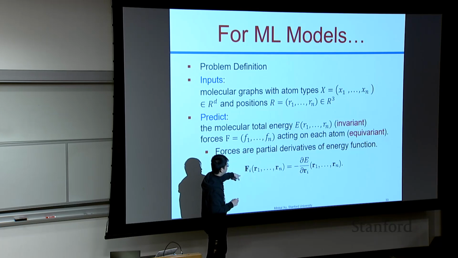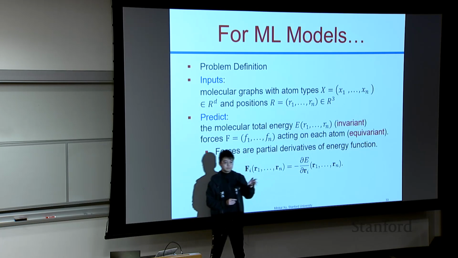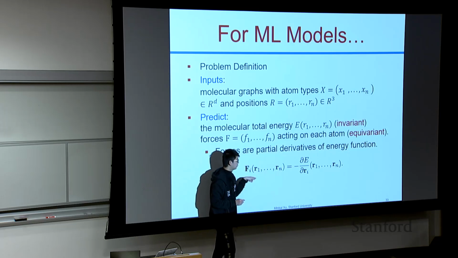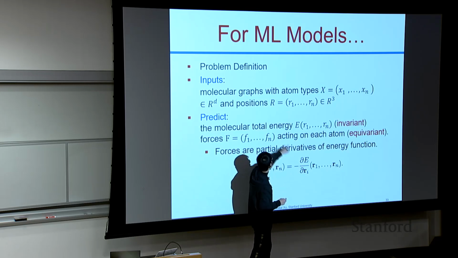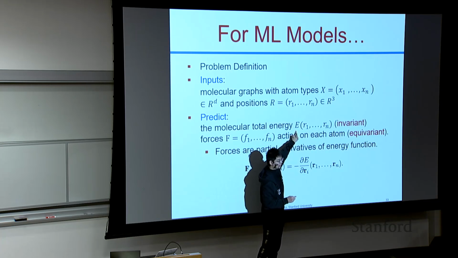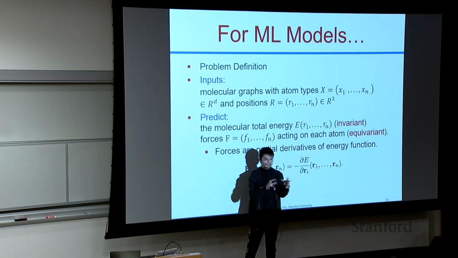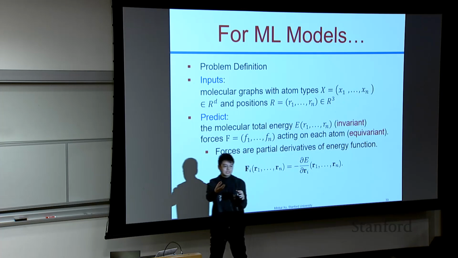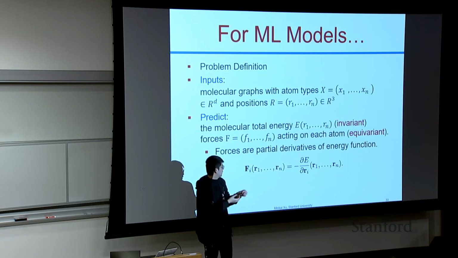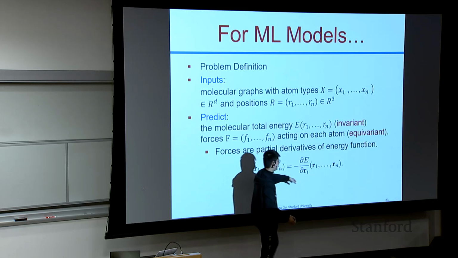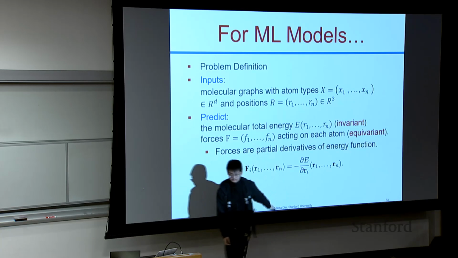For force, although it should be equivalent, it can naturally be calculated: if energy is learned by some neural network, we can take this neural network, calculate the gradient of the output with respect to the input, and this gradient can be viewed as the force prediction.